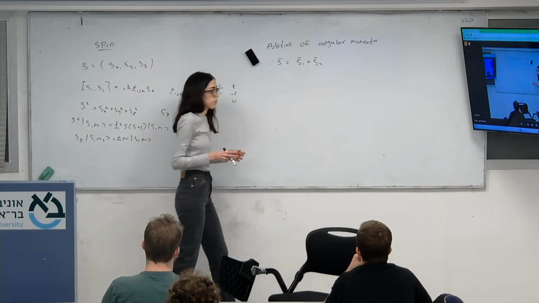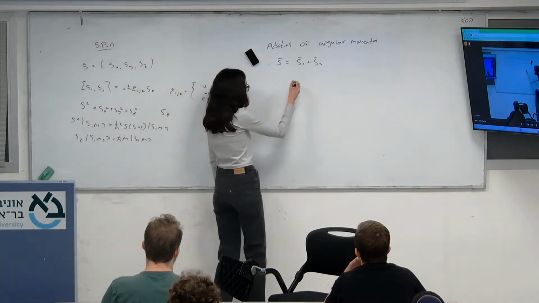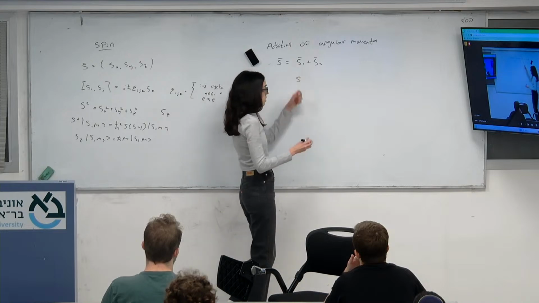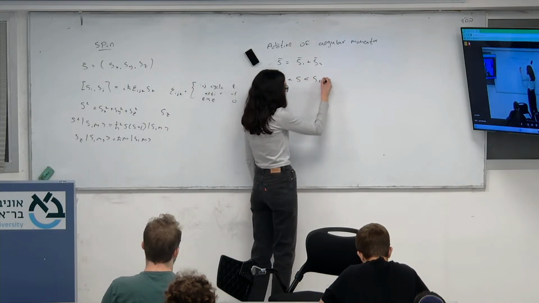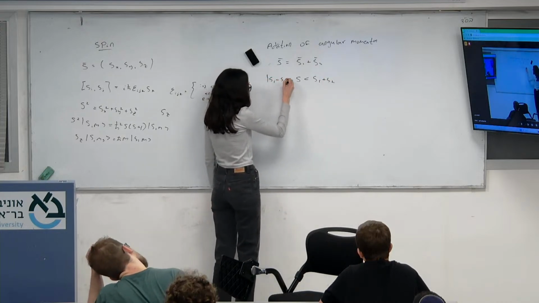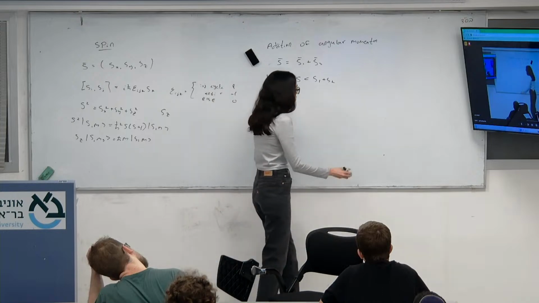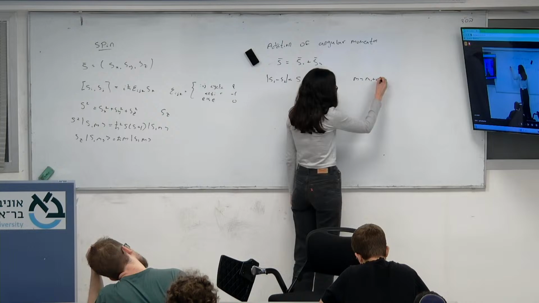The quantum numbers of the new operators: S, which is the total, goes from S1 plus S2 down to S1 minus S2, and M is M1 plus M2.